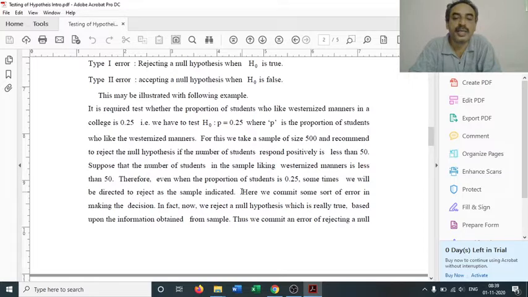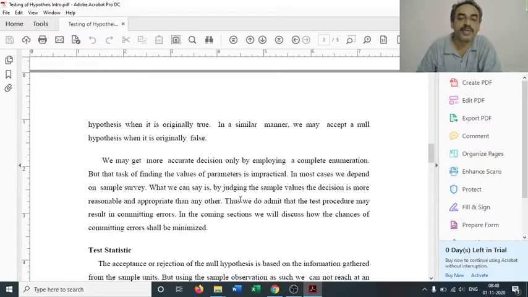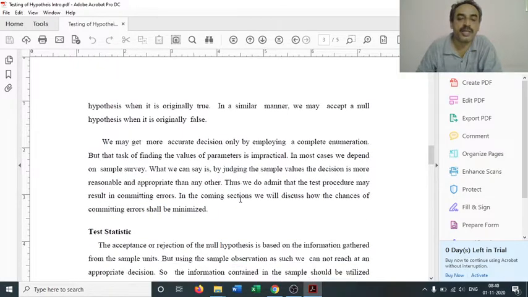On the other hand, rejecting a false hypothesis is a good action, and at the same time accepting a true hypothesis is also a good action. Therefore the errors are in the two actions of rejecting a true hypothesis and accepting a false hypothesis. So these are the two types of errors considered in any test procedure.